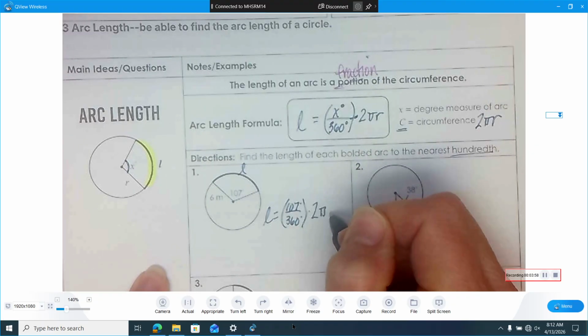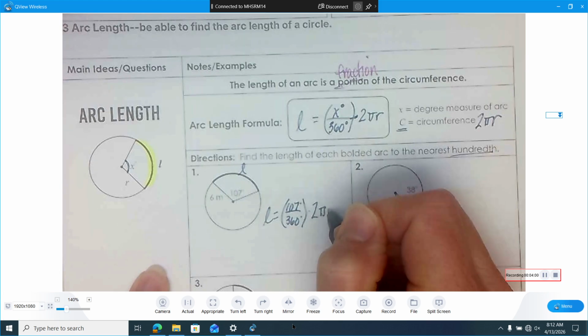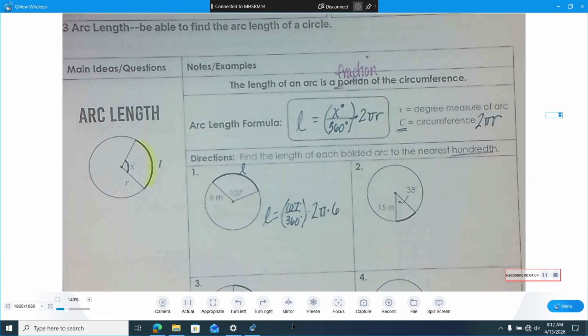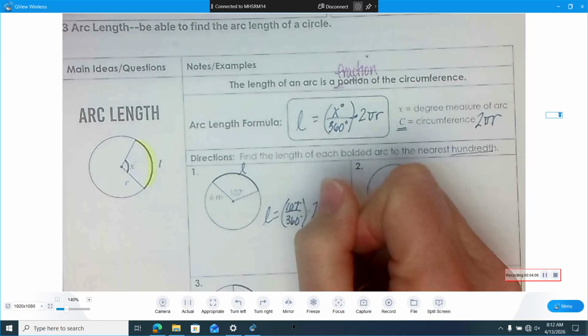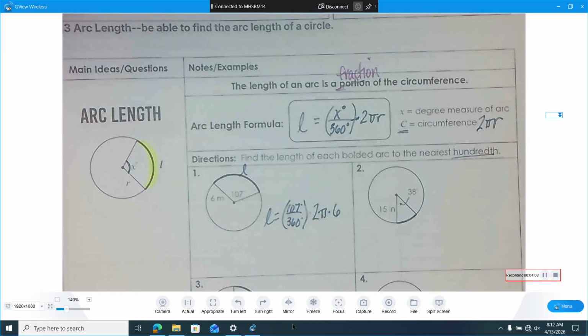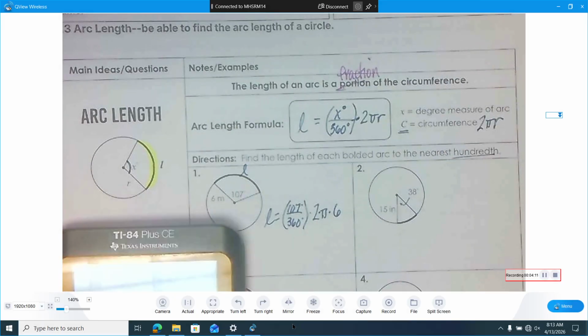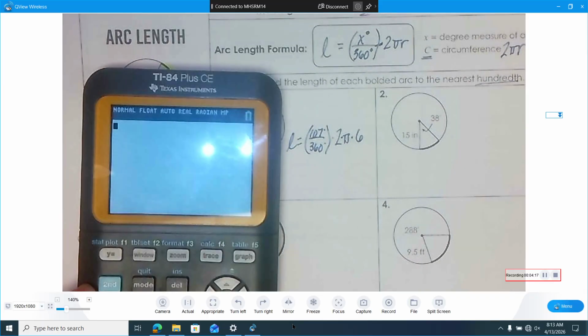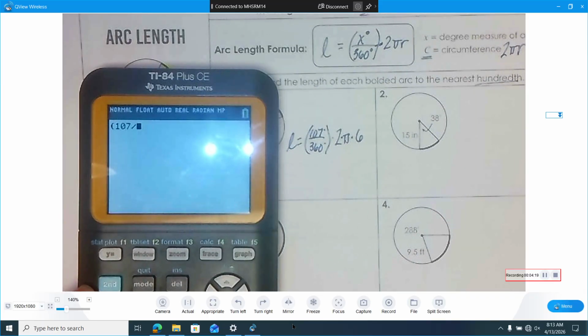And what is our radius? 6. So 2 pi r, or 2 times pi times 6. All these things are multiplied together, and you can go ahead and plug that into your calculators. My fraction is 107 out of 360 times 2 times pi times 6, and that's what I'm typing in.